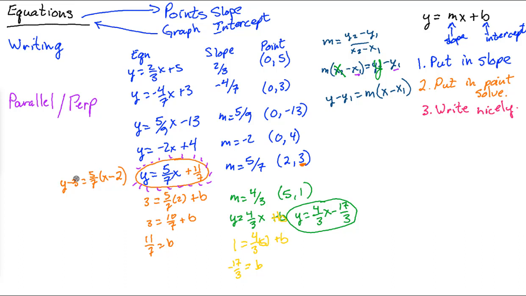Yeah, we put in the slope and the point at the same time. Now we just have to write it nicely. So we jump the 5/7 in, and we get y minus 3 equals 5/7 x minus 10/7. Then we add 3 over here, so that's adding 21/7. And we get y equals 5/7 x plus 21/7 minus 10/7, which is plus 11/7. Oh, what now? Did you see that come out of there?